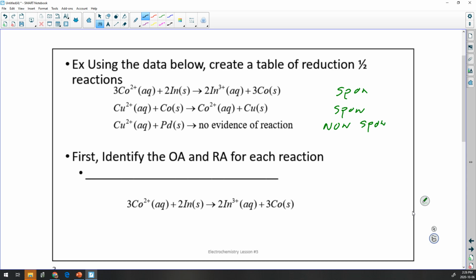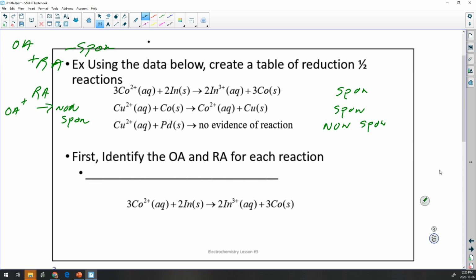There might be a couple other ways of writing that down, but generally we're going to use the generalization from the last slide: the OA above the RA is spontaneous, and for the non-spontaneous, the OA is below the RA. So in two cases, we're going to arrange them using this one, and in the other case, we'll arrange them using that one.